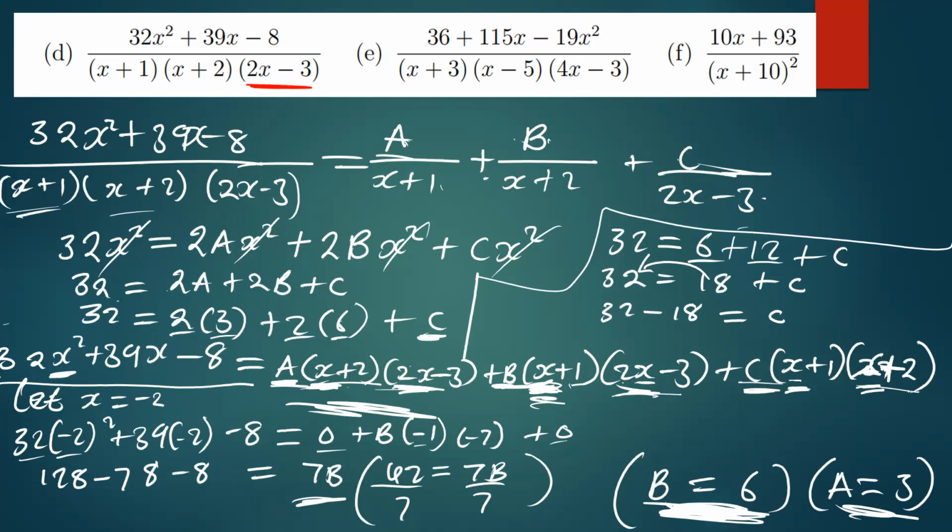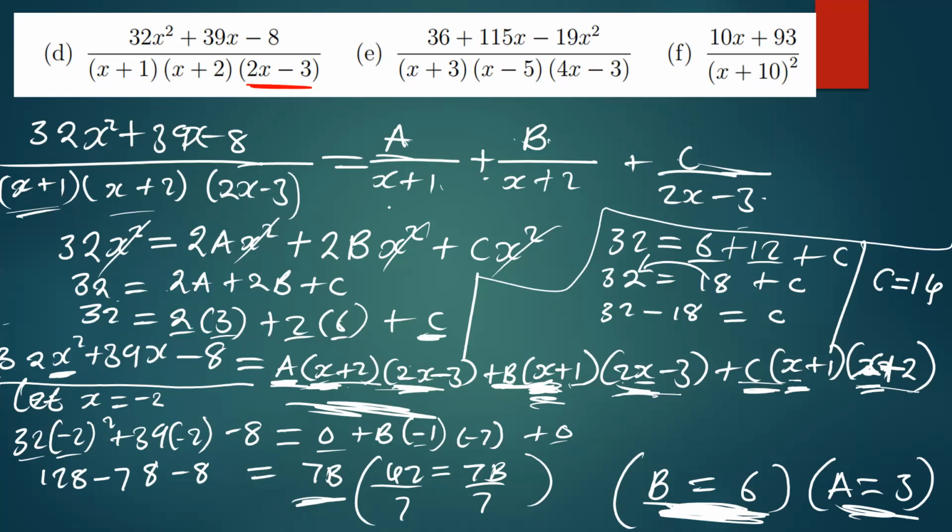So 32 minus 18, that is 14. So we have 32 minus 18, that will give us the value of c. So the value of c is therefore 14. So now we have found the values of a, b, and c.